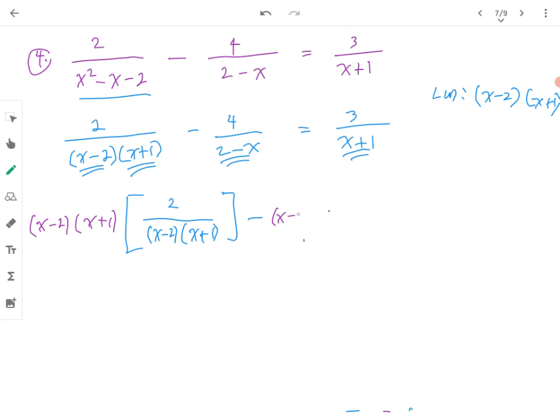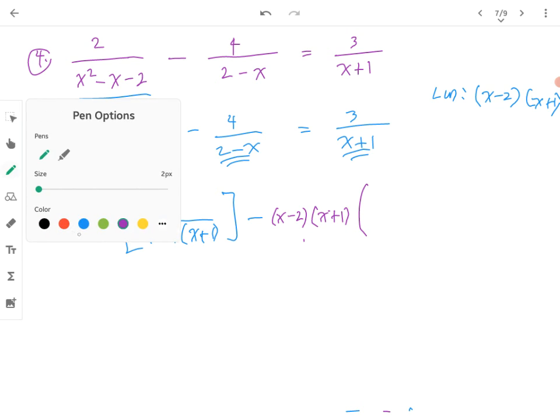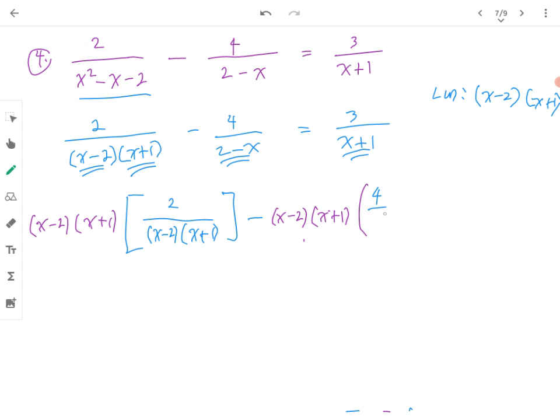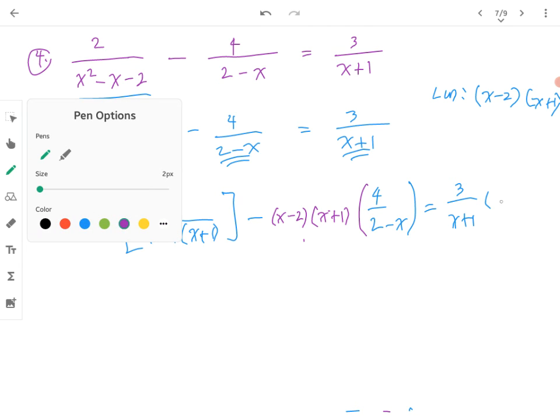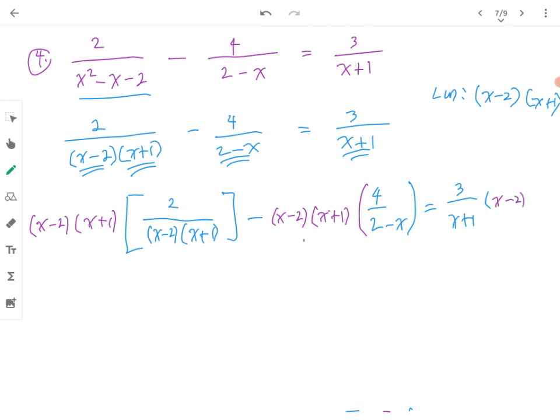So x minus 2, x plus 1 times 4, 2 minus x. Notice that 2 minus x, when we cancel later, 2 minus x and x minus 2 becomes negative 1. Equals the LCD again, or we can simply multiply that one. We can multiply the LCD again with x minus 2 and x plus 1.